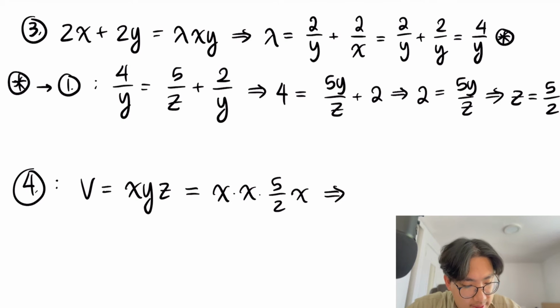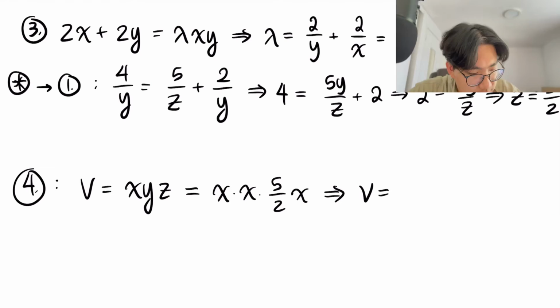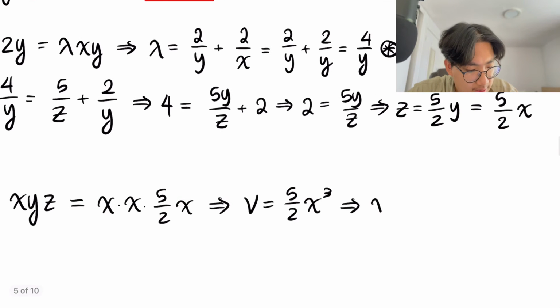And then this gives us that v here is equal to 5 over 2 times x cubed, which then also means that x here is equal to 2 over 5v, and then we cube root that.